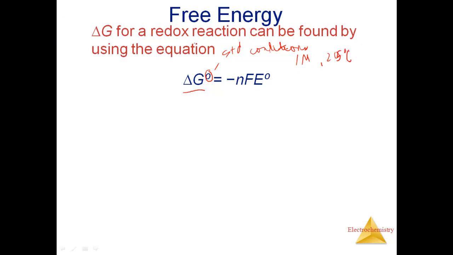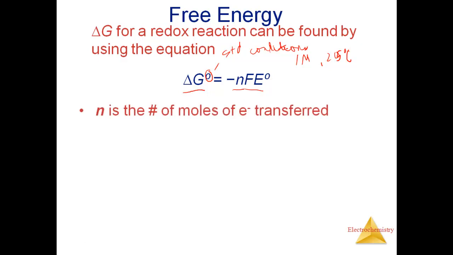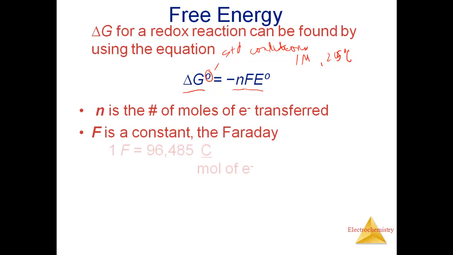And that equation says the standard free energy is going to be minus nFE naught. So n is simply the moles of electrons transferred. F is known as the Faraday constant, attributed to Michael Faraday, and 1 Faraday is 96,485 coulombs, which is a measurement of charge per mole of electron.